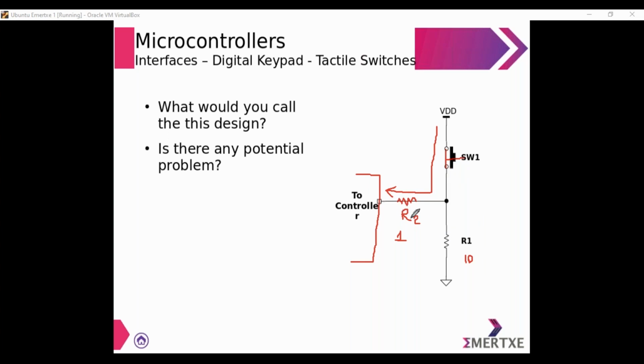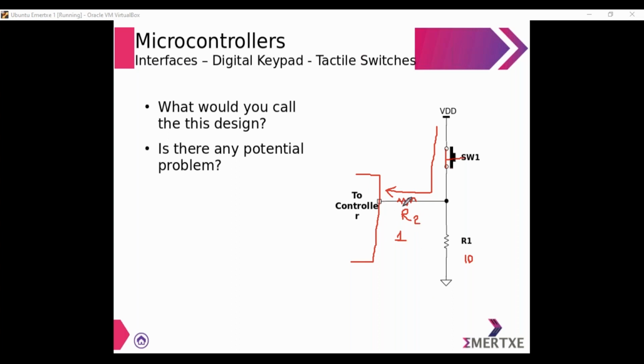If you interchange the values of the resistors, then current from VDD will flow to the ground. Even after you press the switch, you will read a 0, and you will not be able to identify the switch press.